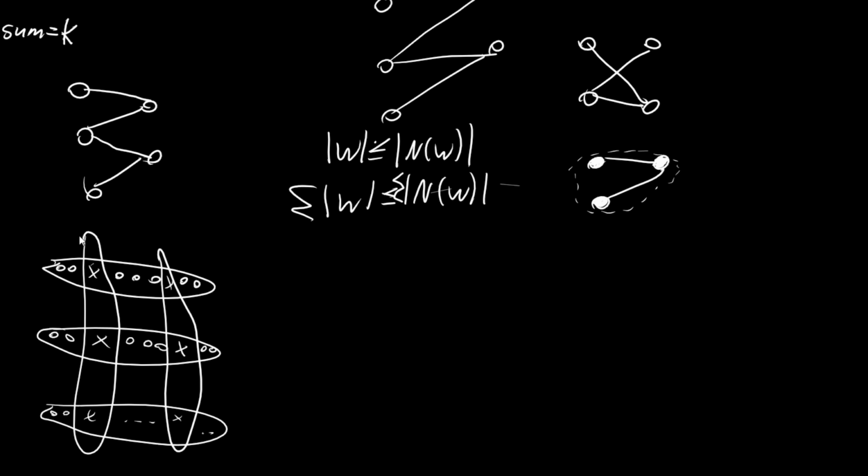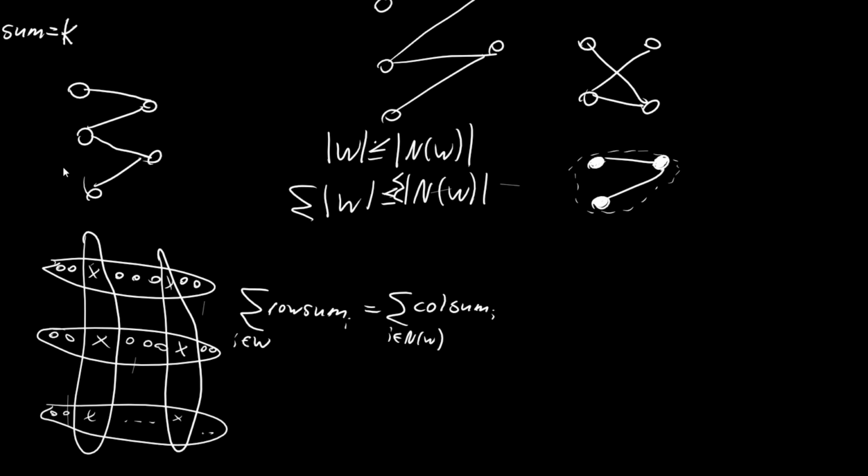So as we see here, if we sum the columns, we get all the x's. And if we sum the rows, we also get all the x's. So therefore, the sum of the row sum i over all i in W equals the sum of the column sum i for all i in N(W).